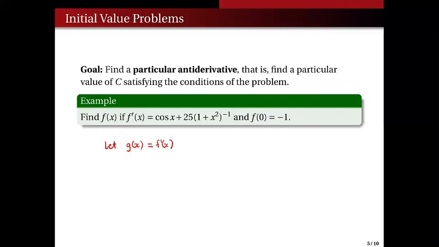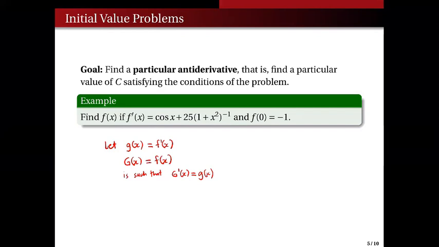And then your capital G of x here is such that G prime of x is equal to small g of x. Actually, not that one. My capital G of x is your small f of x.